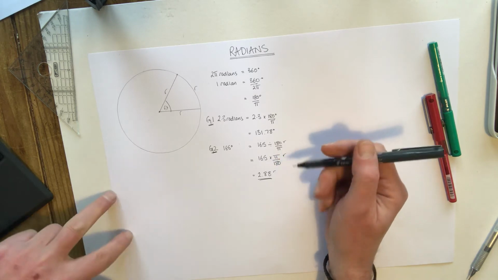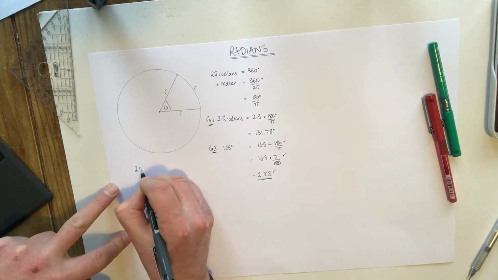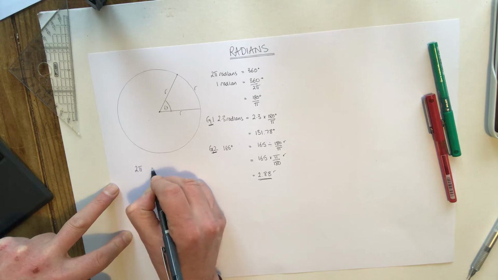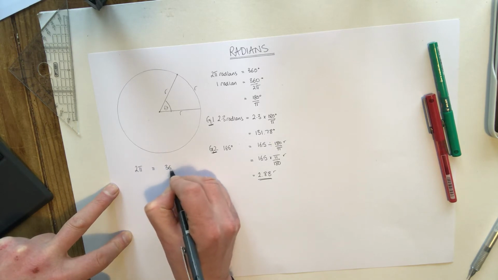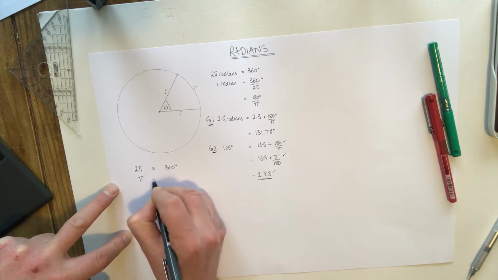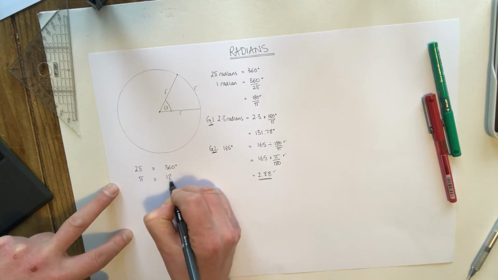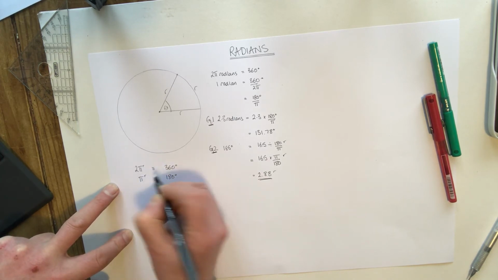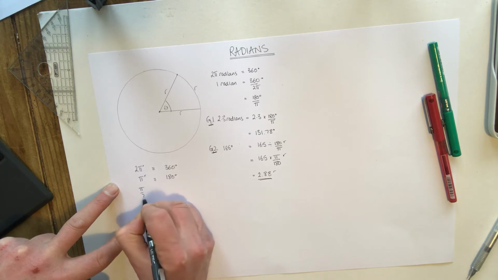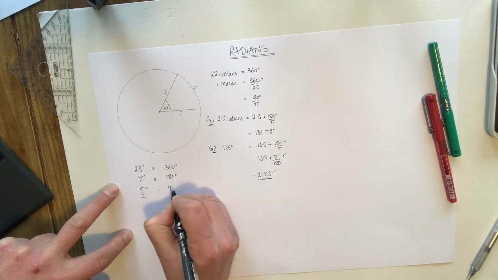There's a few standard ones you need to know. So 2 pi radians is equivalent to 360 degrees. So pi radians is 180 degrees. Pi over 2 radians is 90 degrees.